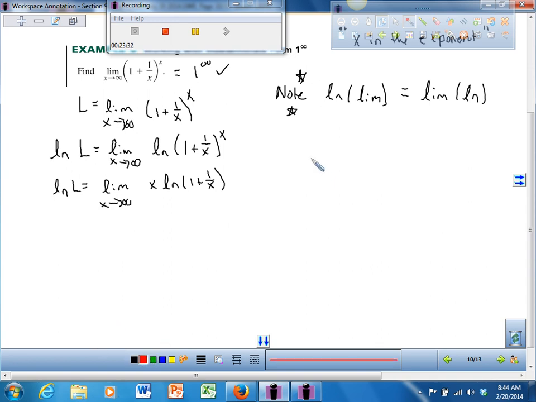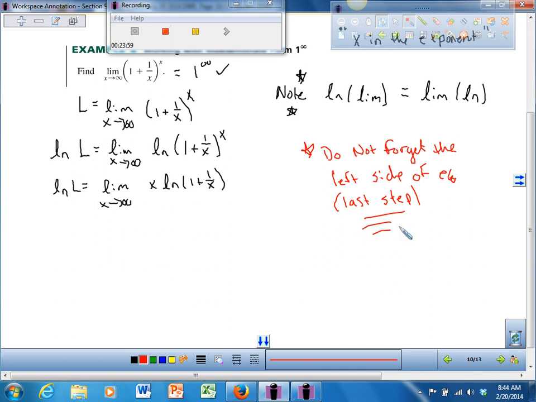And I'm going to make my second note over here. Do not forget the left side of the equation. And we take care of the left side as our last step. So we'll come back to it as our last step.